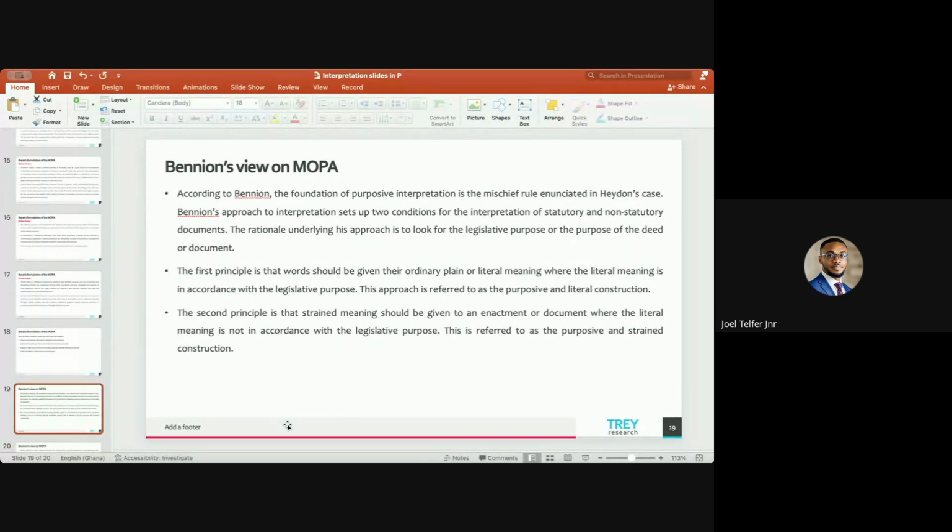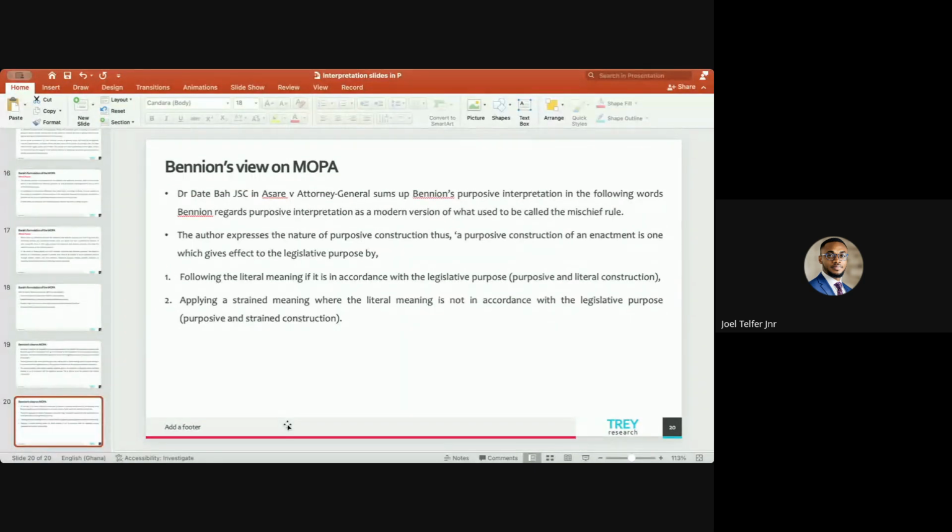And you marry the two, Bennion's view and Barak's view, to establish your understanding of the modern purposive approach to interpretation.